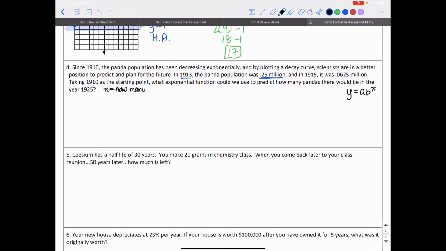How many time periods have passed by, I should say. And in this case, we're going to say every time period is 1 year. How much time has passed? And then y is going to represent what the population is. Or let's say the new population.